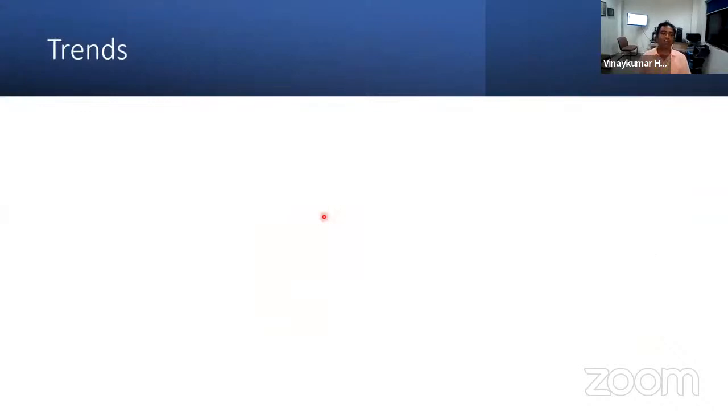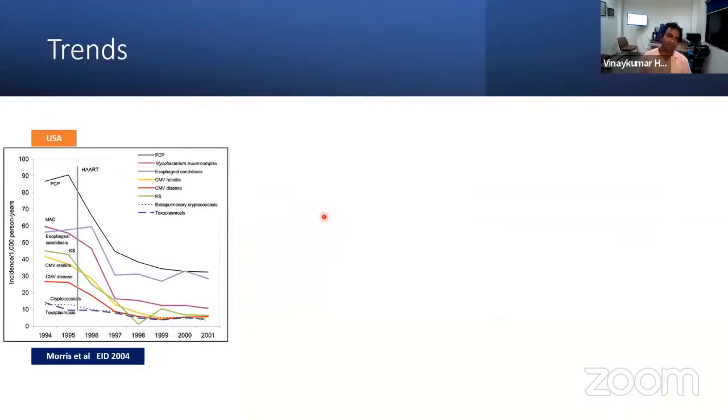So what were the trends? You know that pneumocystis was an AIDS defining illness, and subsequently there was use of HAART, that is highly active antiretroviral therapy. HAART was introduced almost during 1995 in the United States of America, and post HAART implementation, you can see that the trends of pneumocystis pneumonia have declined, as have the trends of other opportunistic infections in HIV.